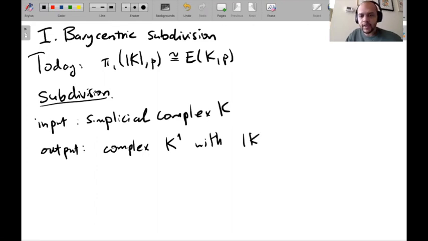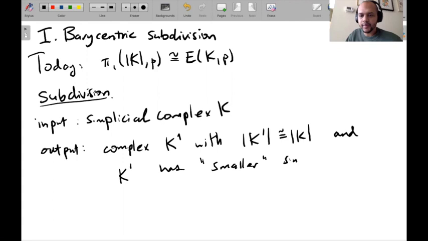The geometric realization of K1 is the geometric realization of K, or they're topologically equivalent. And K1 has smaller simplices, or I guess its geometric realization does.